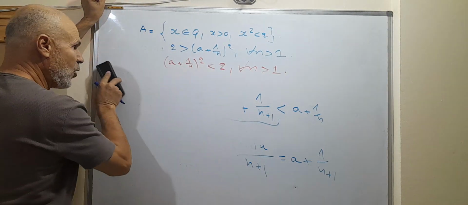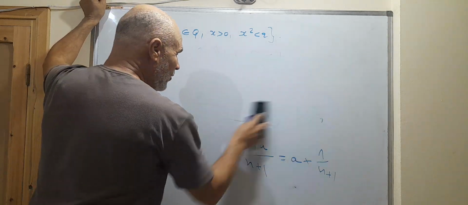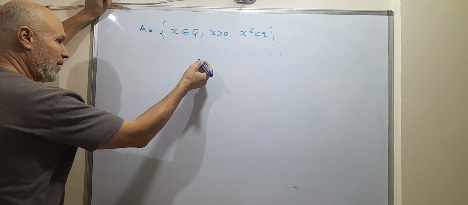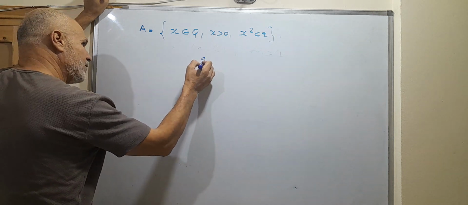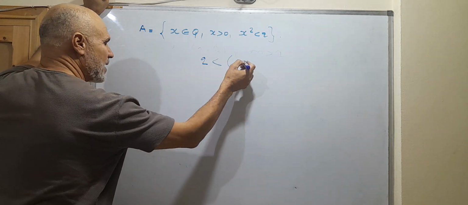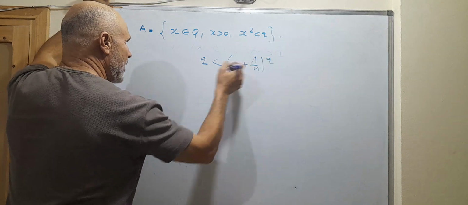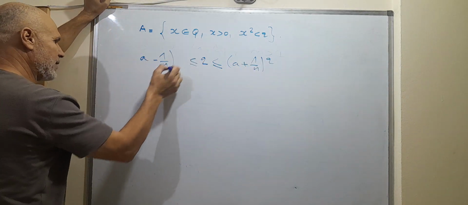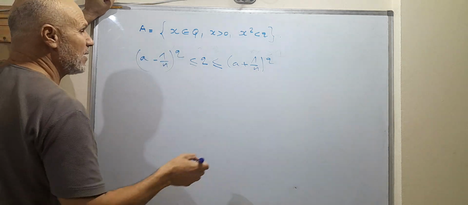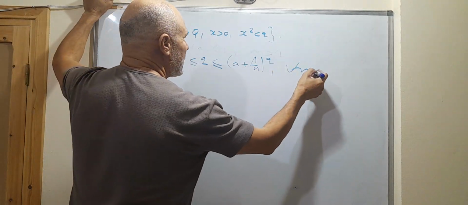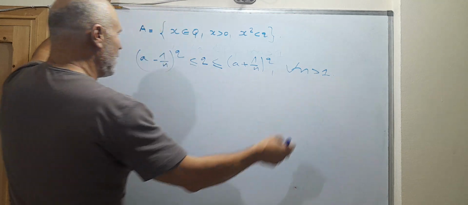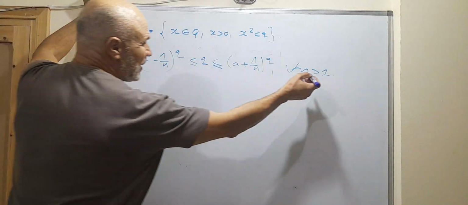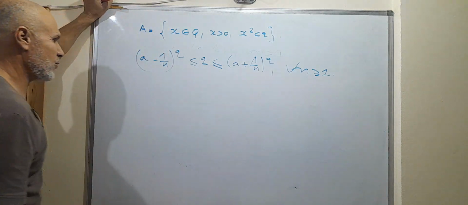Finally, we prove that for all n greater than or equal to 1, we have a plus 1 over n, squared, greater than or equal to 2, and a minus 1 over n, squared, less than or equal to 2, for all n greater than or equal to 1. It can be equal to 1. There is no problem.